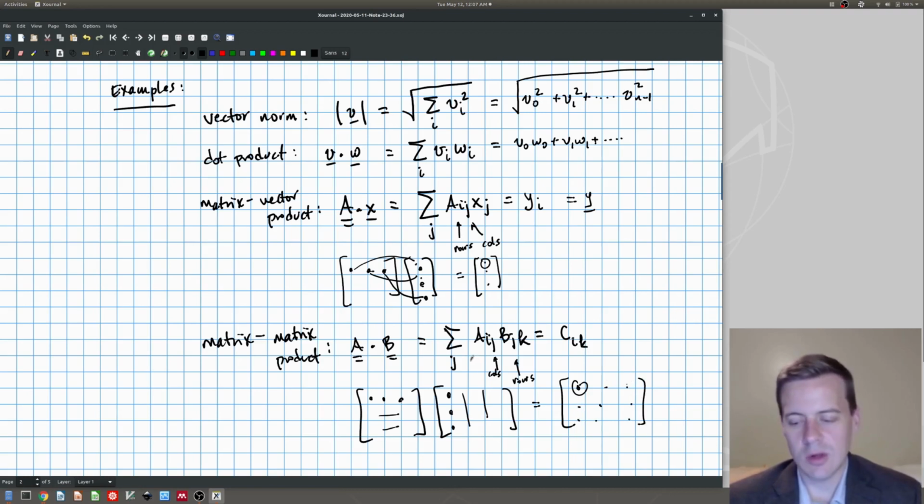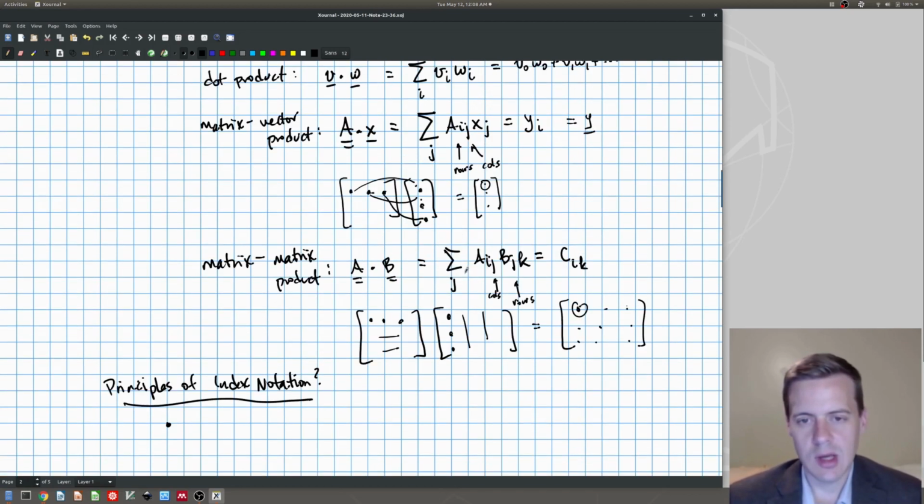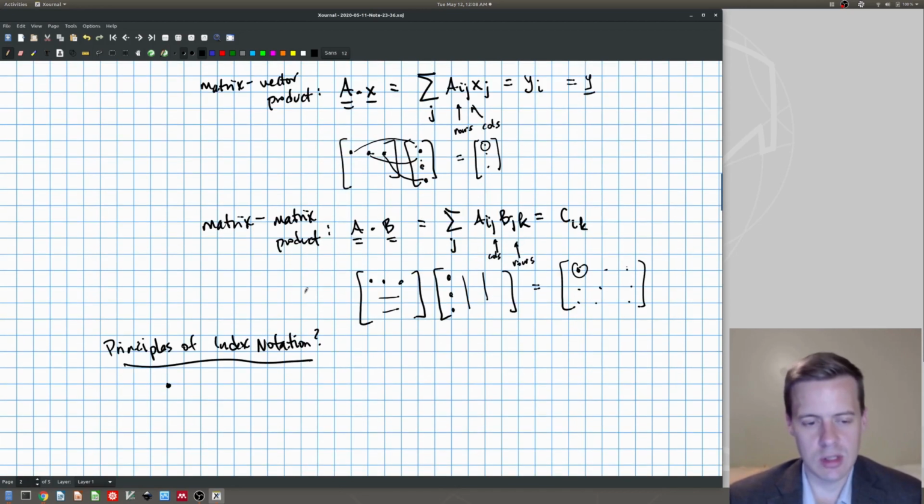Okay, so what are the general principles of this index notation? Principles of index notation. Let's think about what we had here. Note that we've got one index for every dimension.